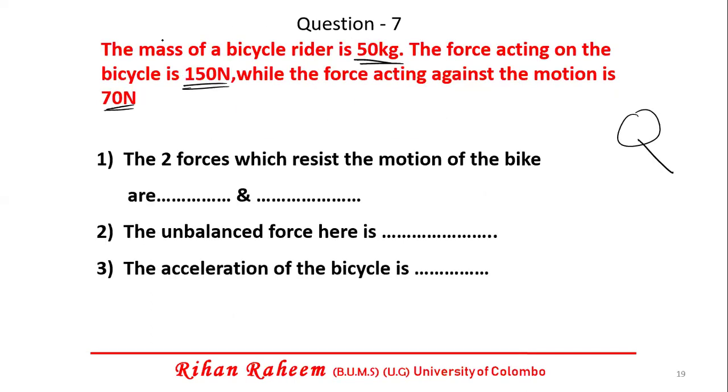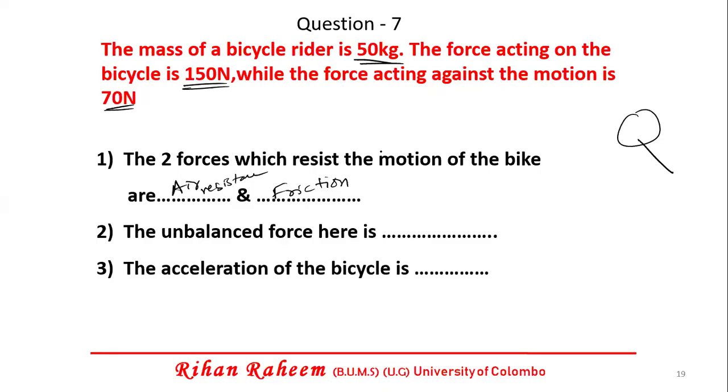The mass of the bicycle rider is 50. The two forces which resist the motion of the bike are generally air resistance, and even for a plane, even for a bird, the air resistance is there, no? If it's a fish, water resistance reduces its speed. And the other one is friction, the contact force between the floor.